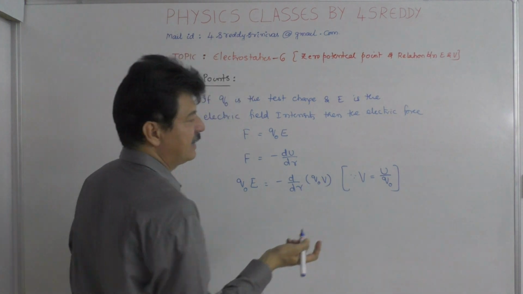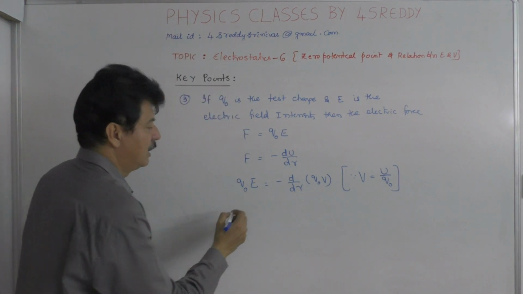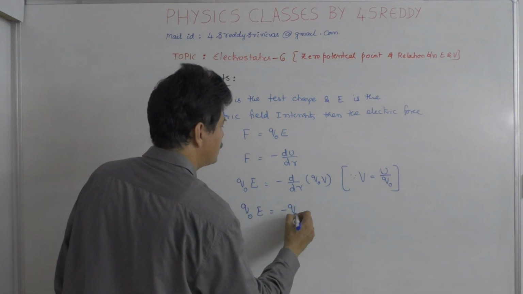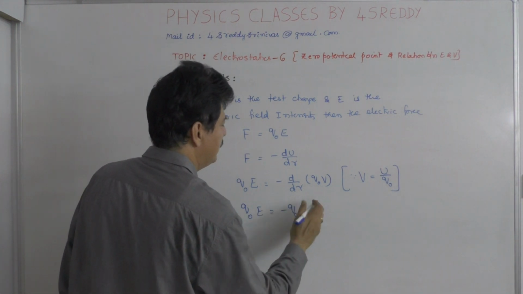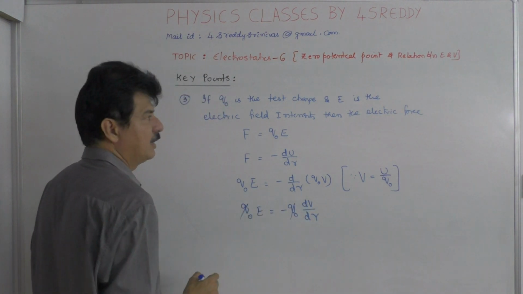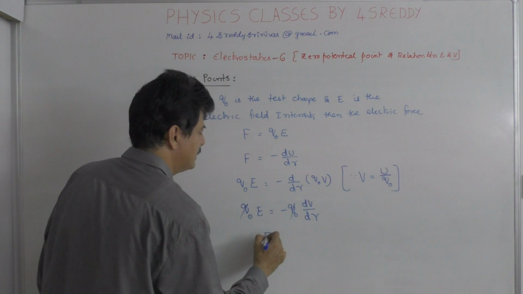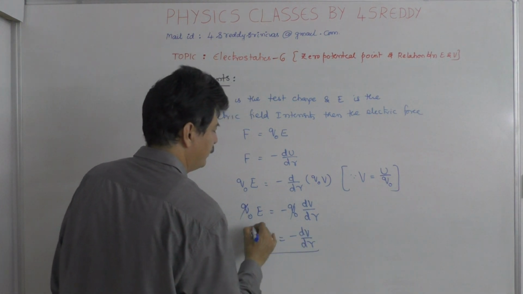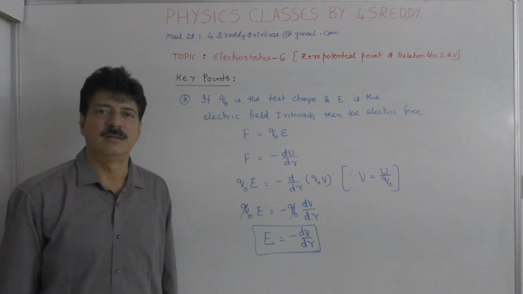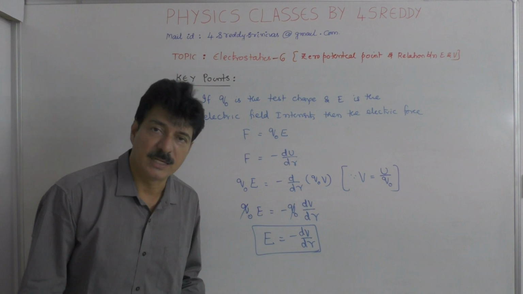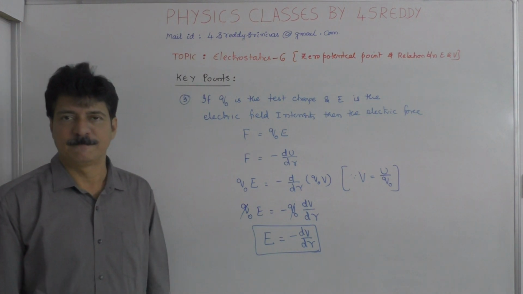Therefore, U can be written as V into q naught. Therefore, q naught times E is equal to minus q naught into dV by dr. The q naught cancels. Therefore, E is equal to minus dV by dr. This is the relation between the electric field intensity and electric potential gradient.